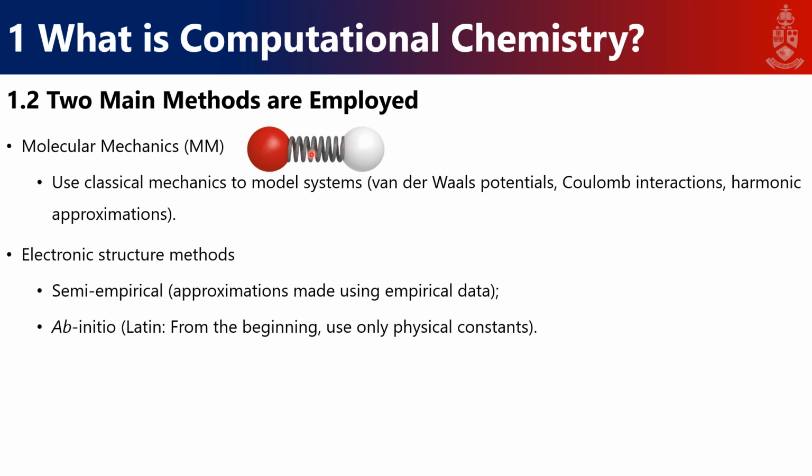They have some sort of interaction and they oscillate and move around, and you model them using Coulomb interaction, van der Waals potentials, harmonic approximations, etc. You use the classical mechanics way of writing things, and you apply that to the microscopic system.